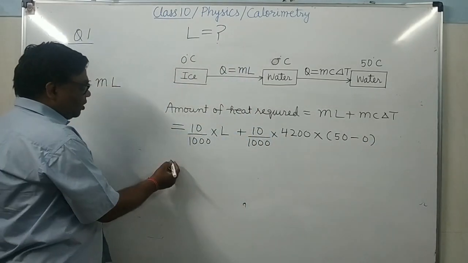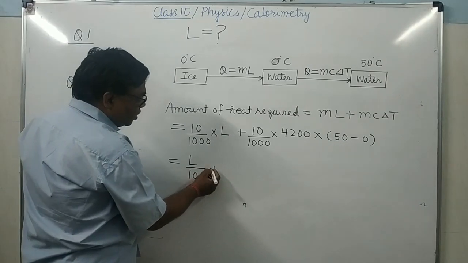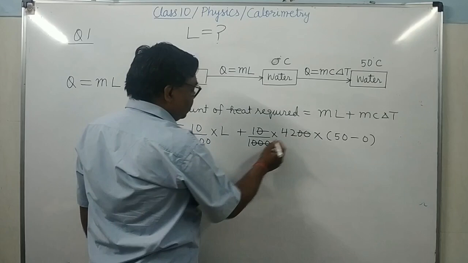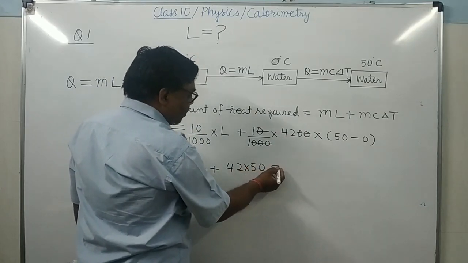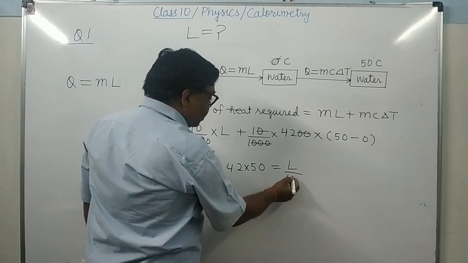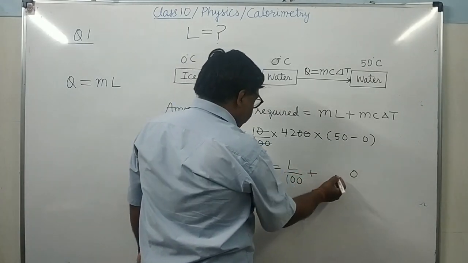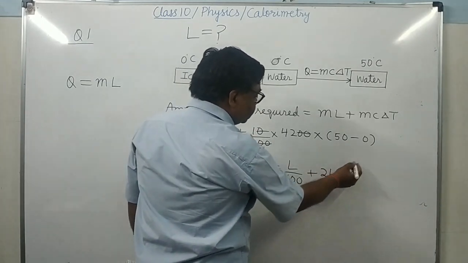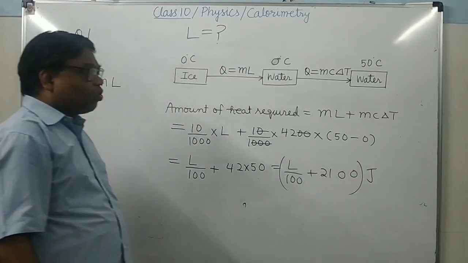So simplify. It will be equal to L upon 100 plus, here these three zeros will be cancelled, 42 into 50, that is L upon 100 plus 2100. This much heat energy will be required.